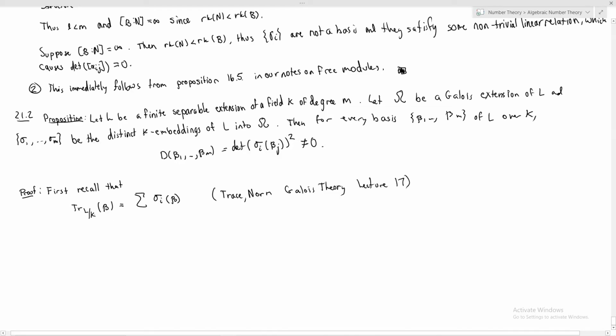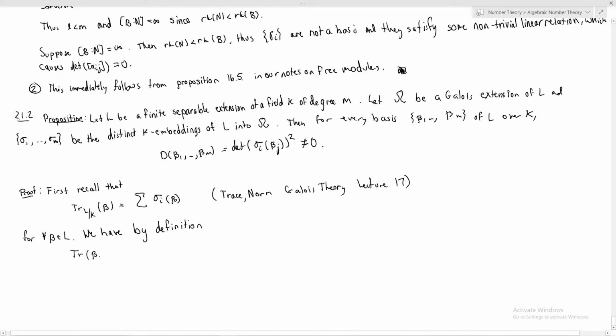So essentially the trace is the sum of the Galois conjugates of an element beta, for any beta in L. Okay. And then we have, basically by definition, the trace.